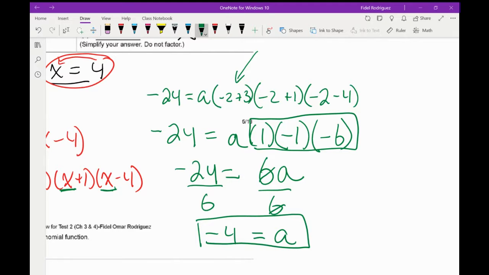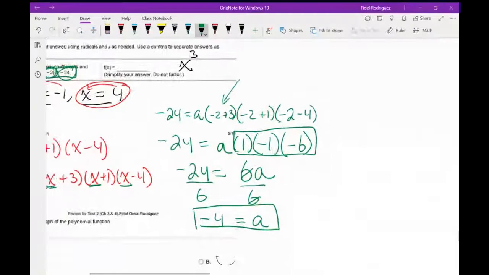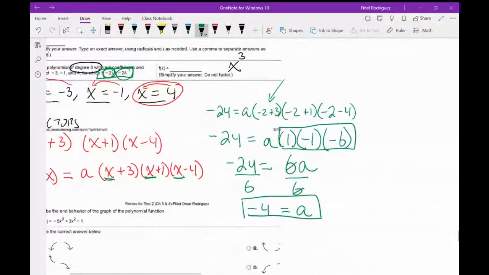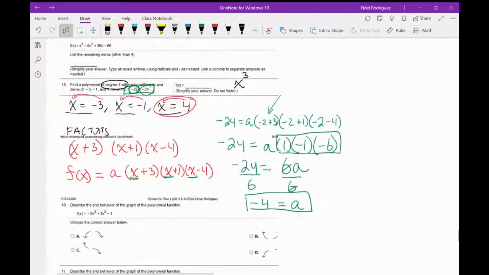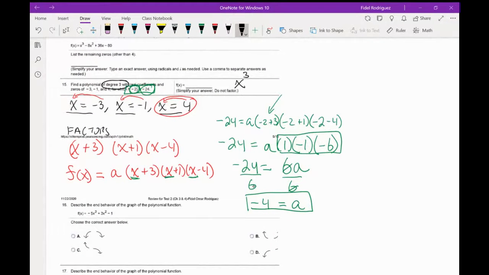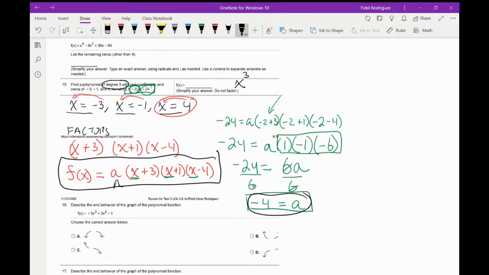And I'm coming up with a equals -4. Okay. So now the next thing I'm going to do, y'all, just like in the problem that we did before, is come back right here. And now that I know that a is -4, I'm going to plug that number in right over here. So let me write this out.